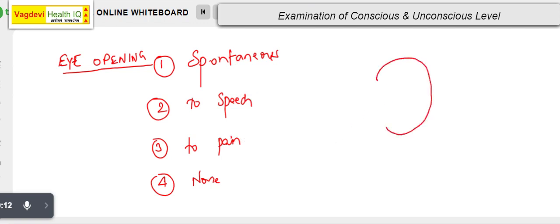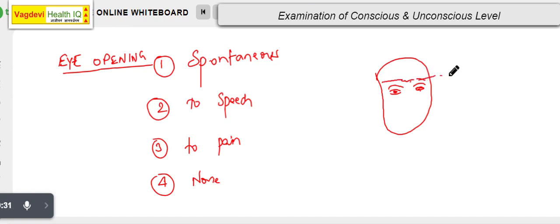Suppose this is a face, and this is the eye. This is the eyebrow.